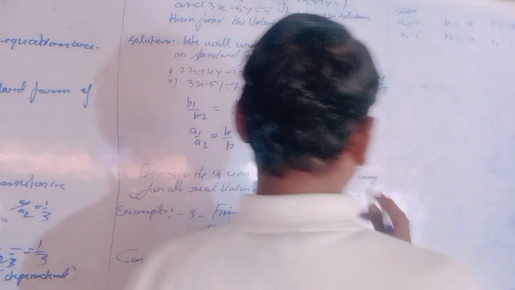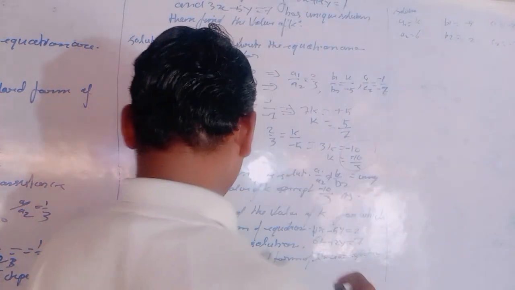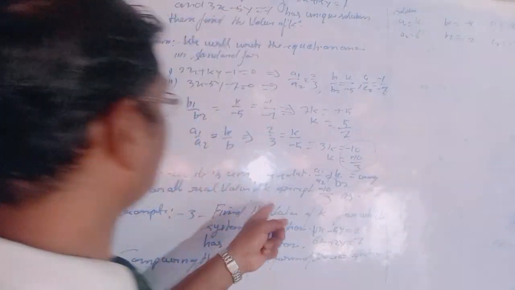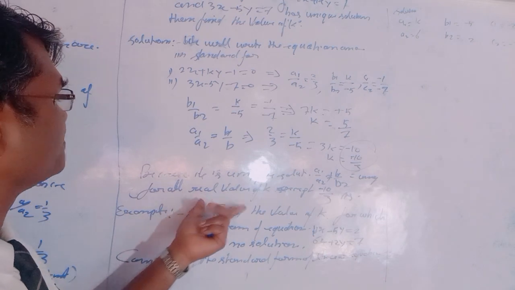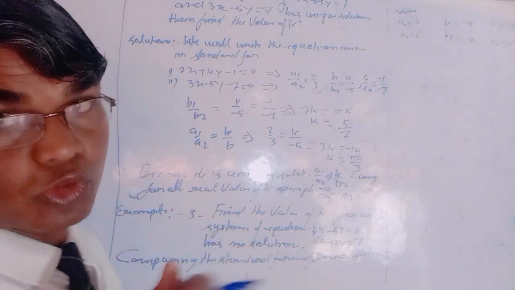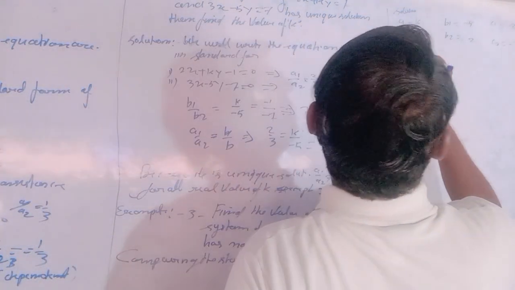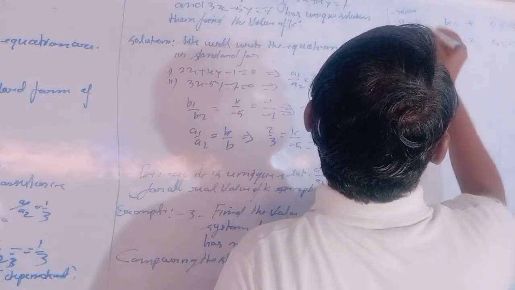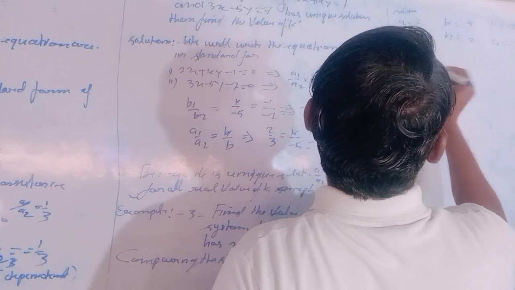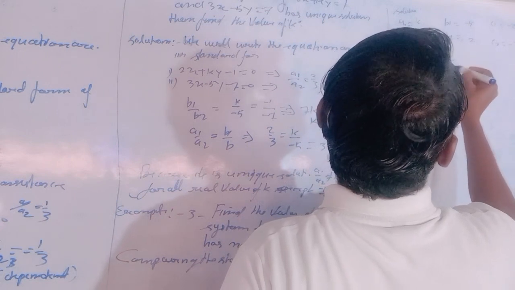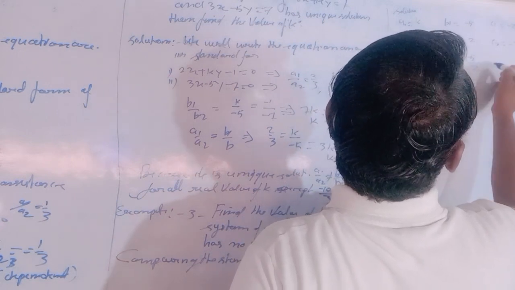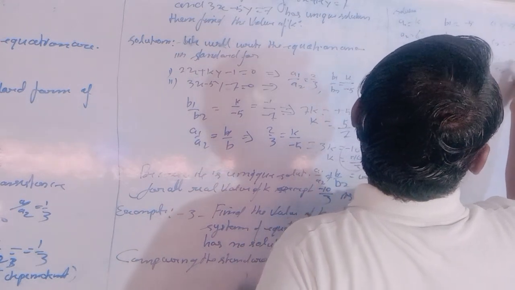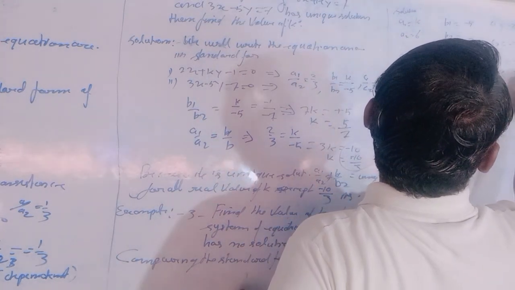Got it? Now guys, the question is telling us that the system has no solution. So the formula for no solutions: a1 by a2 is equal to k by 6, b1 by b2 is equal to minus 5 by 2, c1 by c2 is equal to minus 2 by minus 7.